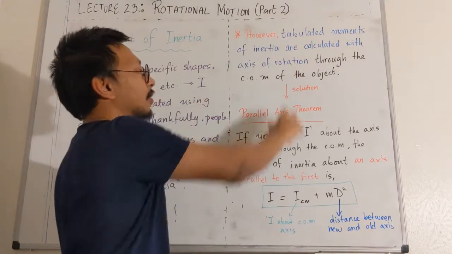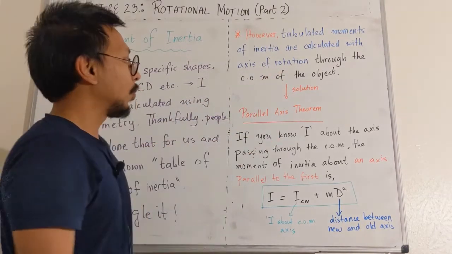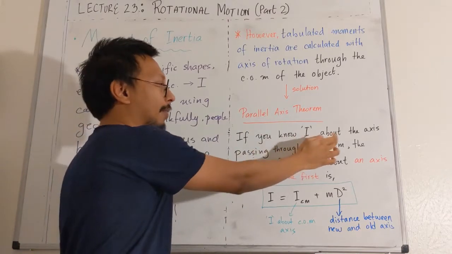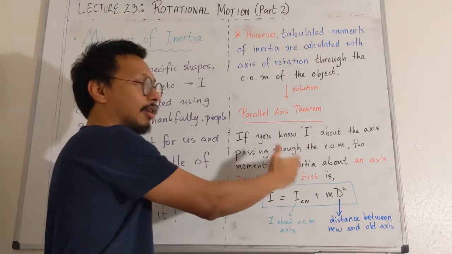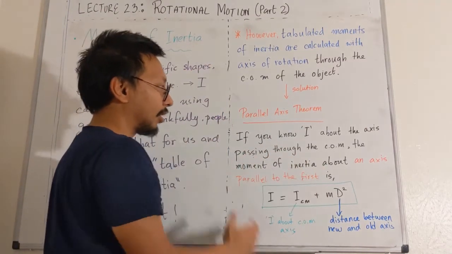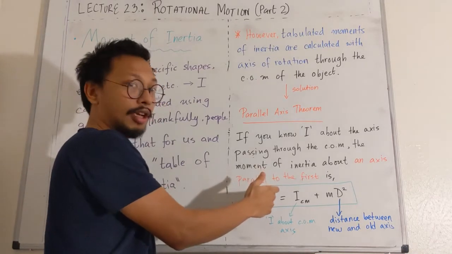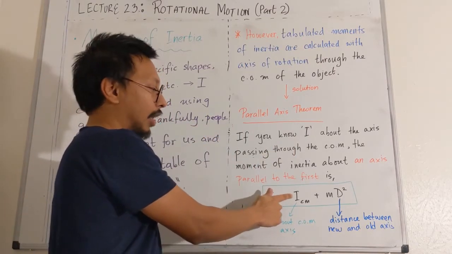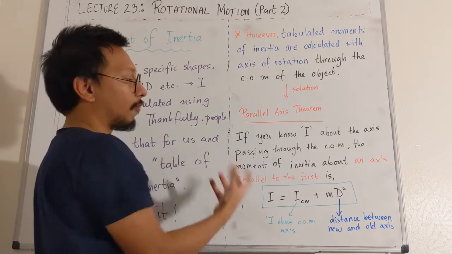The solution to this predicament, how do we get around the fact that we change the axis of rotation away from the center of mass, is the parallel axis theorem, which states if you know the moment of inertia I about the axis passing through the center of mass, then the moment of inertia about an axis that is parallel to the first is given by the equation: I, the total moment of inertia about the chosen axis, which is away from the center of mass, equals I about the center of mass axis, which you can find for specific shapes using the table, or for point-like objects using our formula.